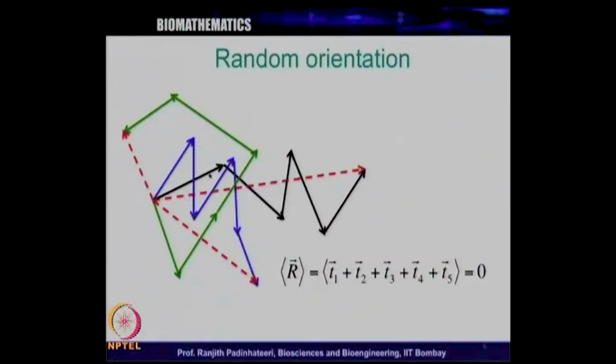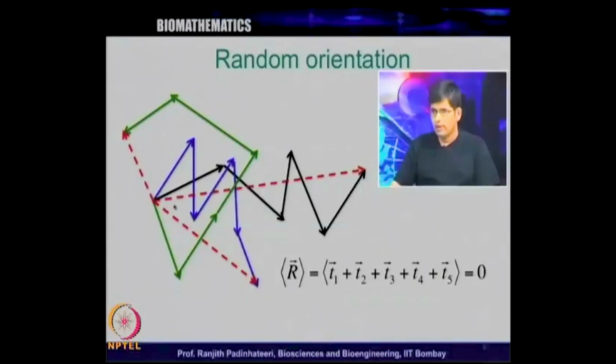Black has this particular orientation and the end to end distance is this red here. The green has this orientation, 2, 3, 4, 5. So, there are 5 vectors, and they have an end to end distance this. The blue one has some particular orientation and its end to end vector is this.